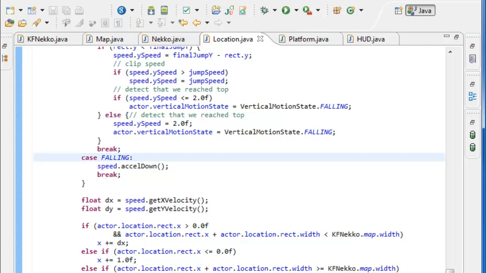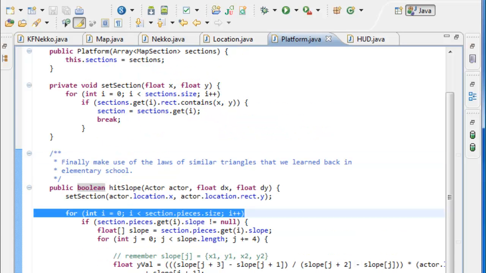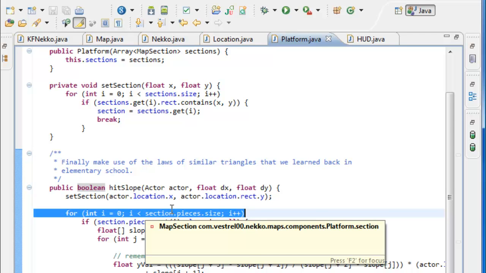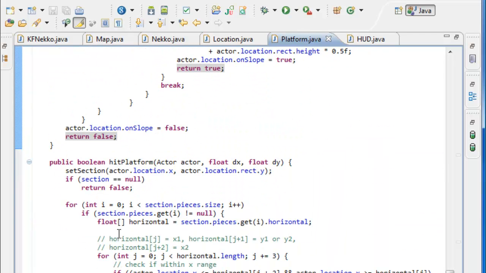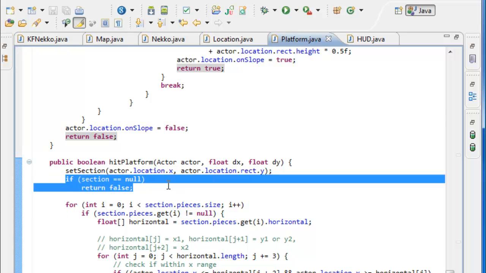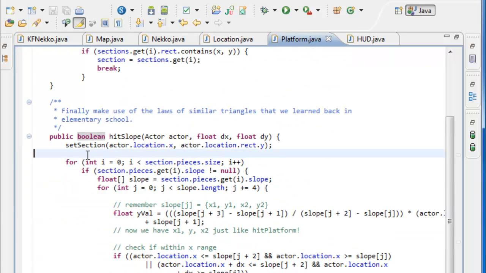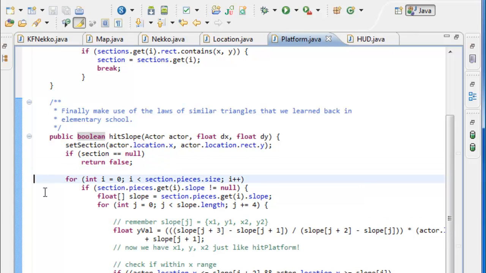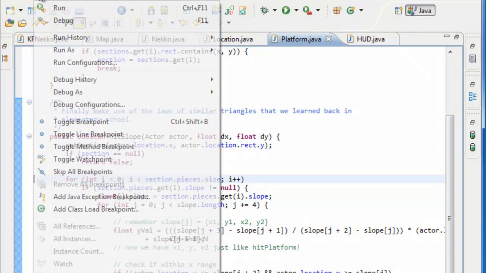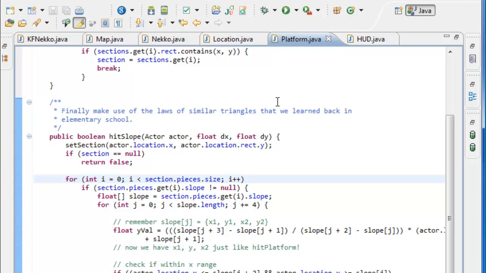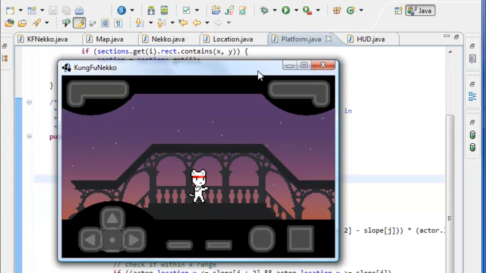And we're getting a null pointer exception. Why? For section pieces. Ah, right. Again, to avoid null pointer exceptions, when we're setting the section, if no sections was set, return false. Okay.